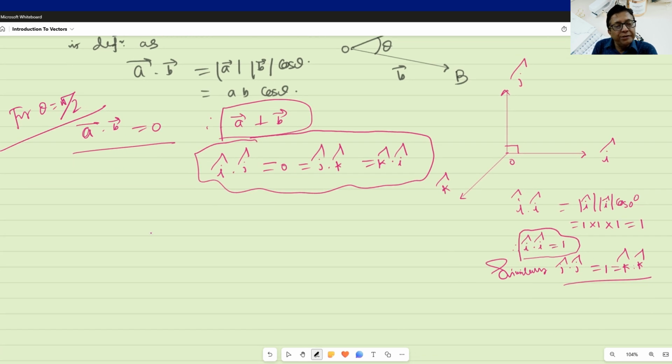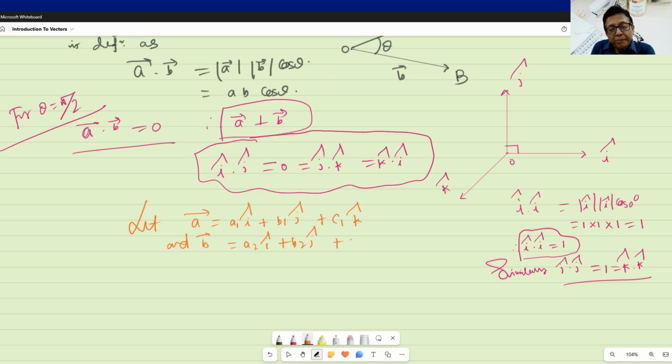Now let us find the dot product between two vectors like this. Let us take A equal to A1I plus B1J plus C1K, and B equal to A2I plus B2J plus C2K.